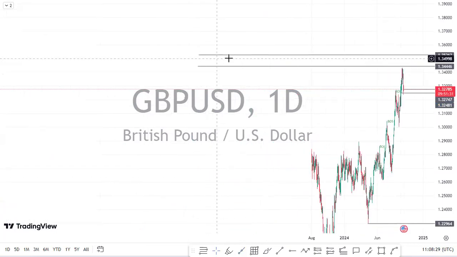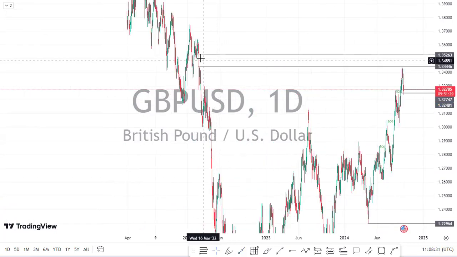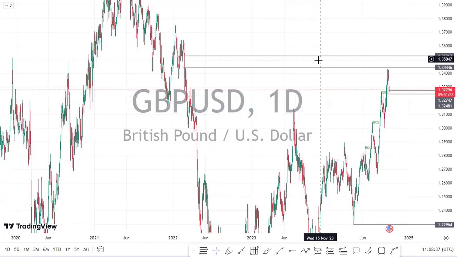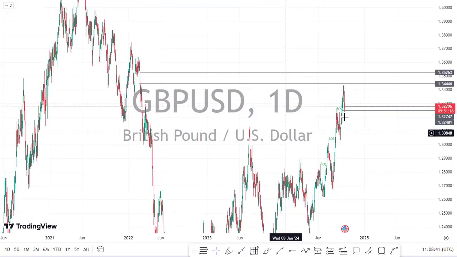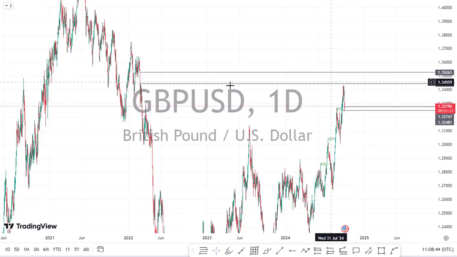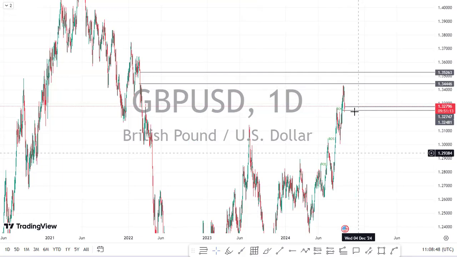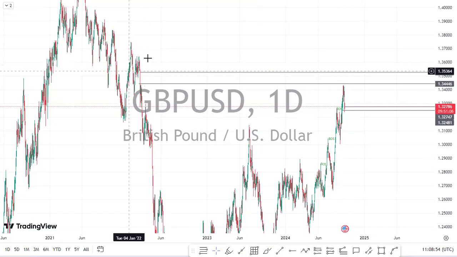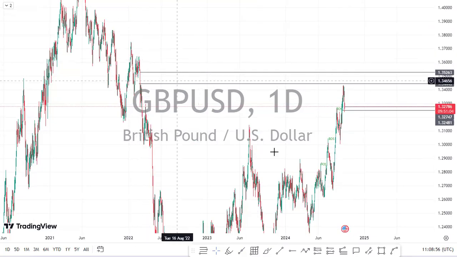When we look at this, we have this imbalance here that price has not mitigated. So we could see price coming to fill up this imbalance before a proper reversal, or price coming to take liquidity above here before we can see a clear reversal.